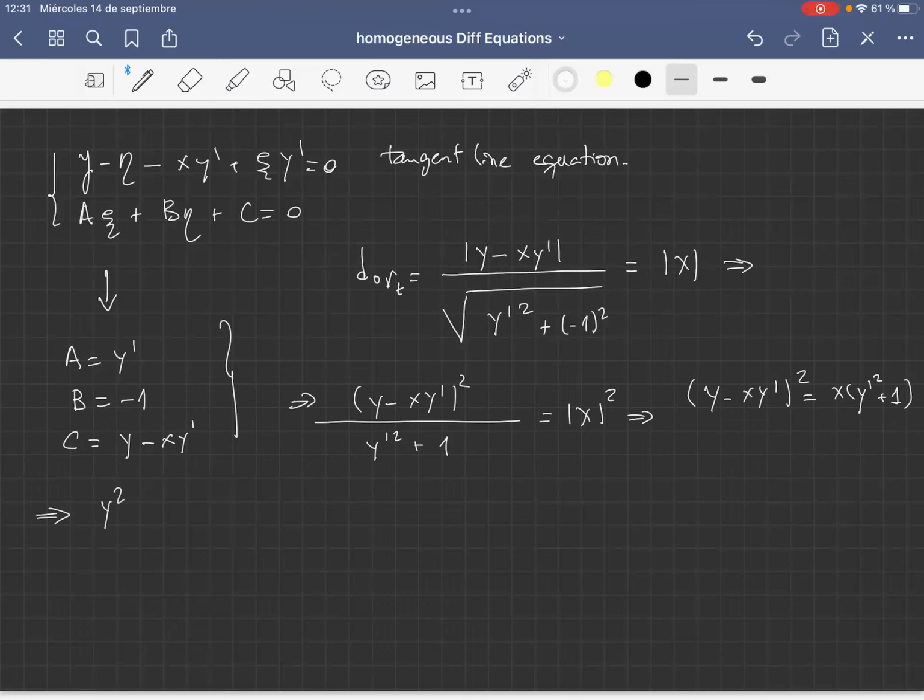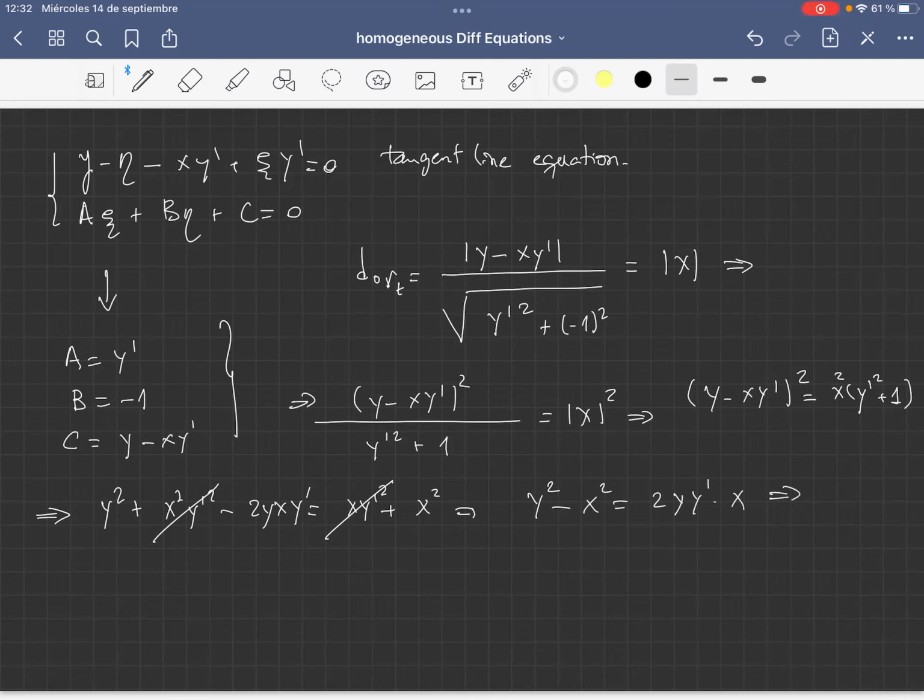Here you will have y squared plus x squared y prime squared minus 2yx y prime equals x squared y prime squared plus x squared. Notice that these two factors are the same, so we can write y squared minus x squared equals 2 times y prime x y.